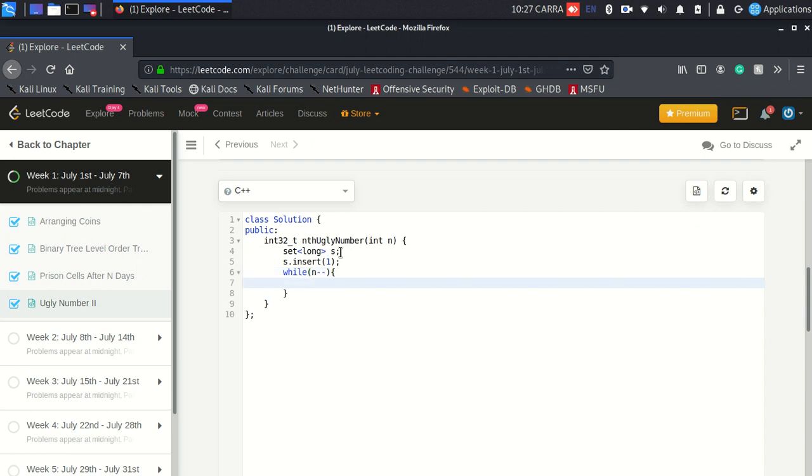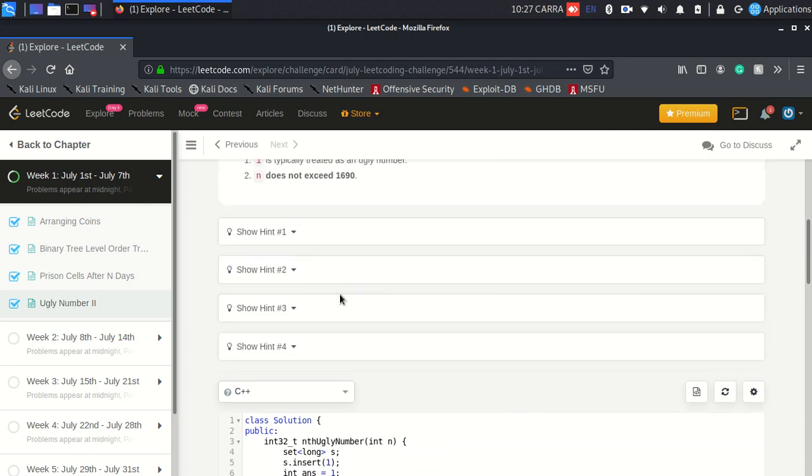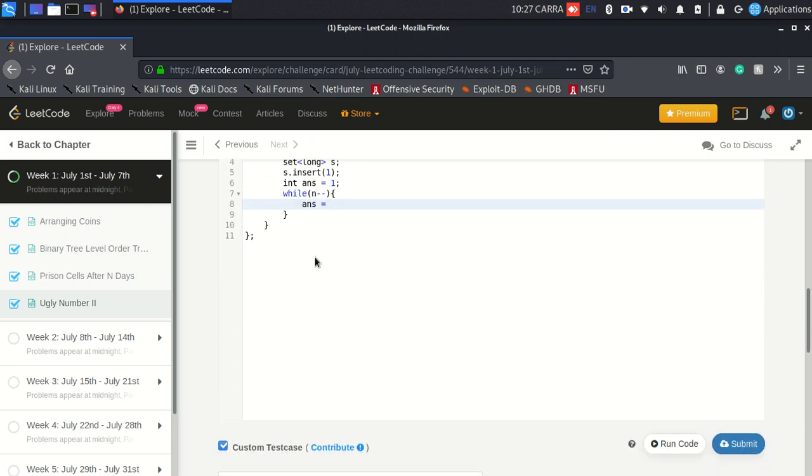Let's define an answer equal to 1. Every time my answer would be the first element in the set, which is the smallest element. The set contains all the ugly numbers, and the nth smallest ugly number would be the nth element in the set.